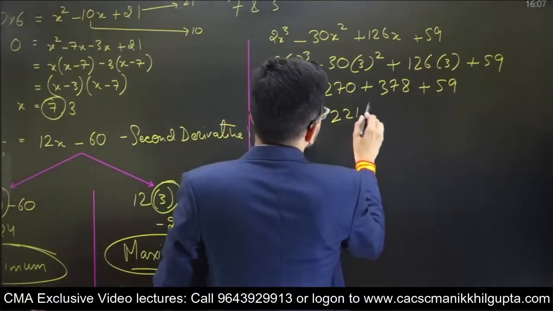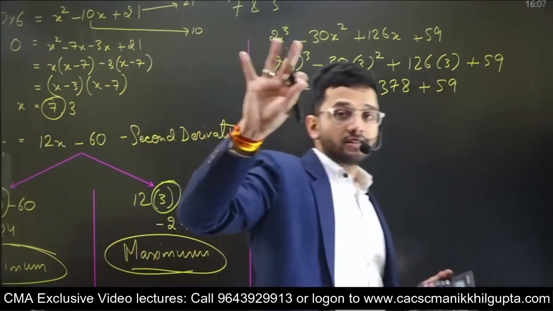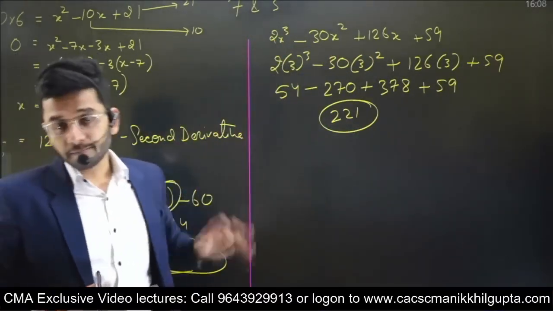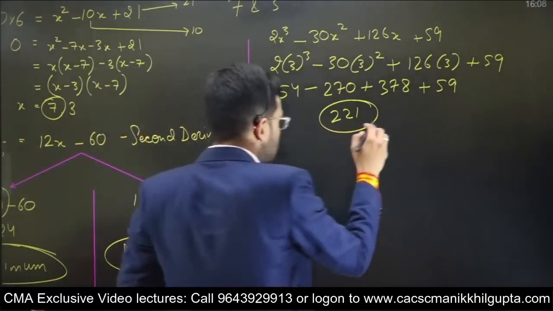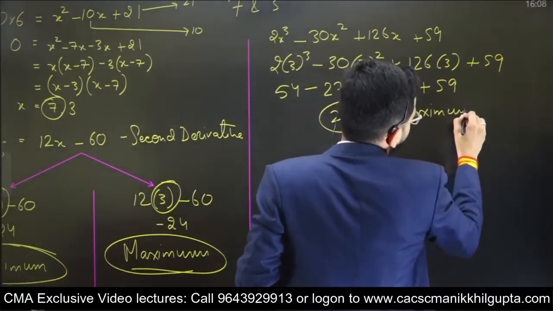So this is the number which we derive if the quantity is 3 units. I can confidently say that this is the maximum that can be derived from this equation.